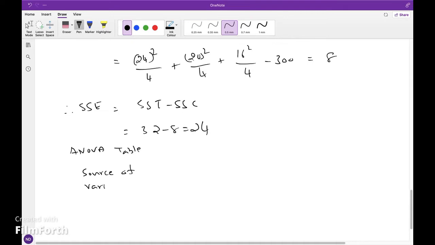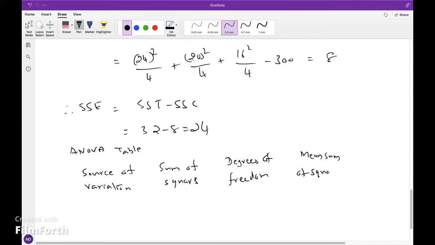Source of variation, sum of squares, degrees of freedom, mean sum of squares and variation ratio.